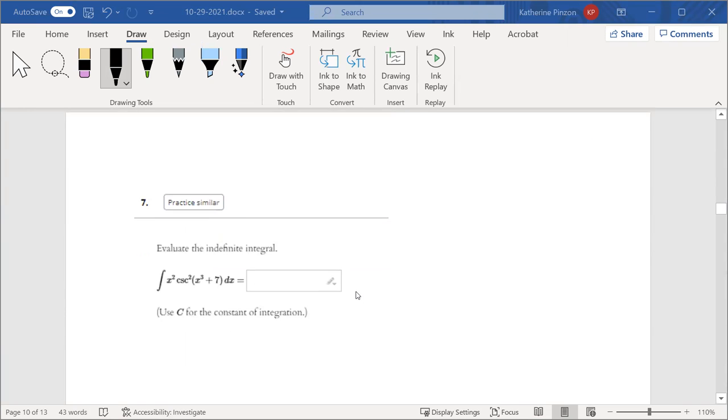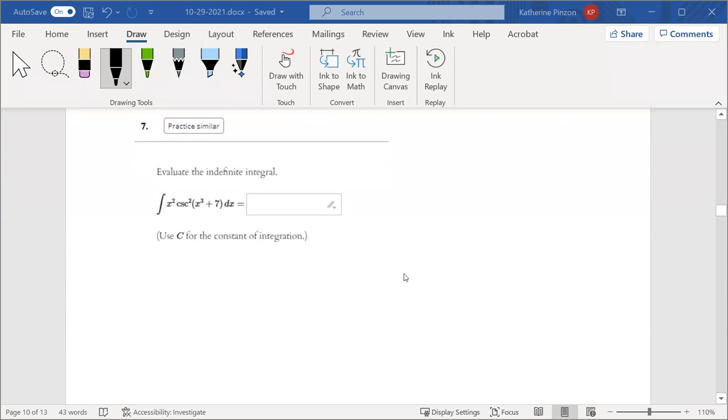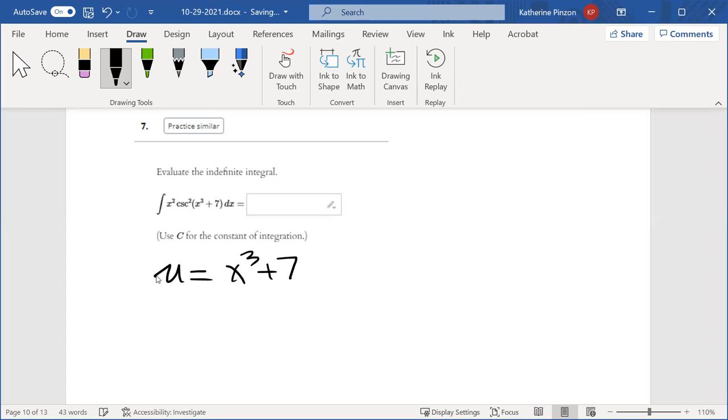Okay, everyone's done writing. Number 7: x squared cosecant squared of x cubed plus 7 dx. What do you think? X cubed plus 7, yeah, that's the inside stuff.